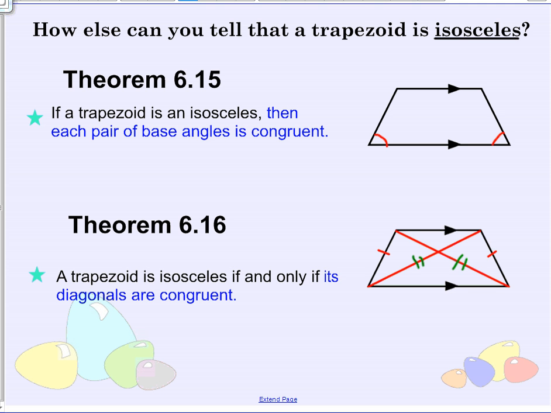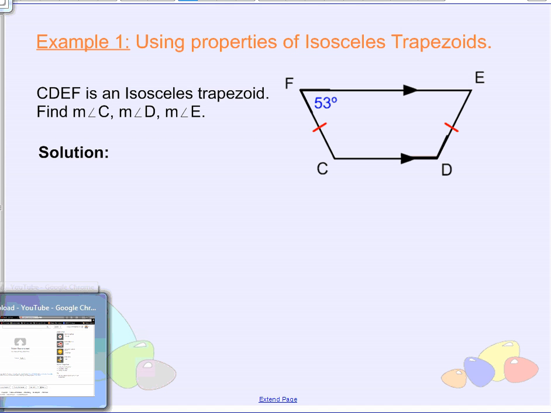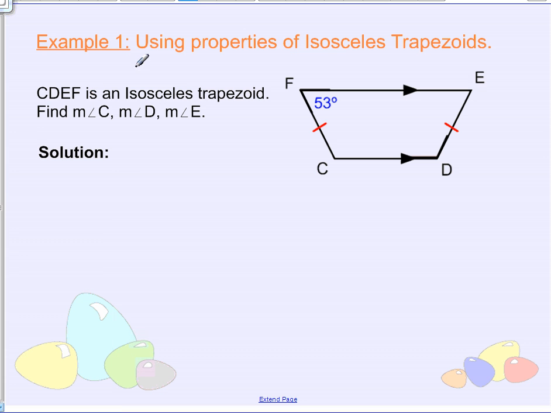So with all this information, we can actually draw some conclusions. In this case, we're using properties of isosceles trapezoids. We want to figure out, if this is an isosceles trapezoid, the measurement of angle C, the measurement of angle D, and the measurement of angle E.